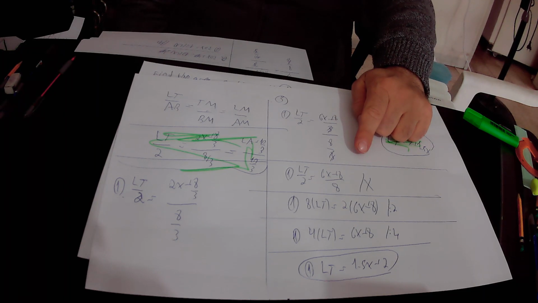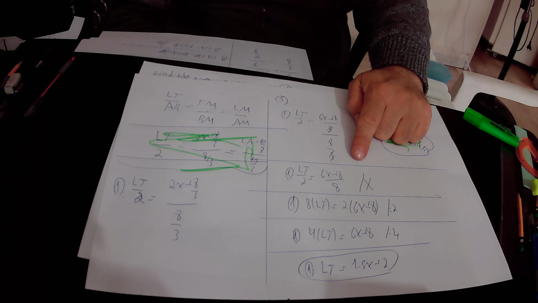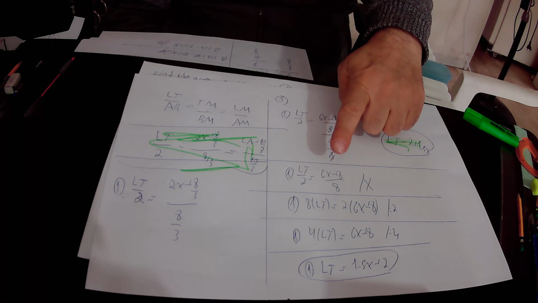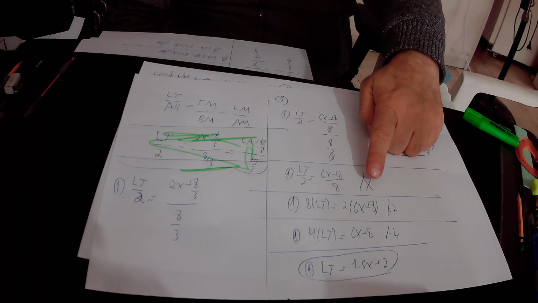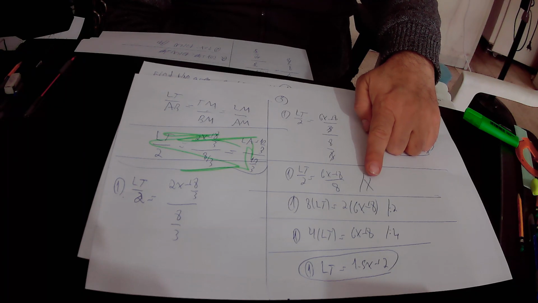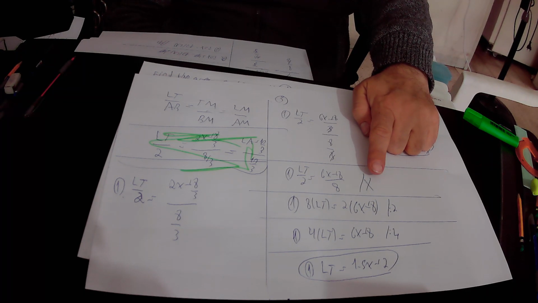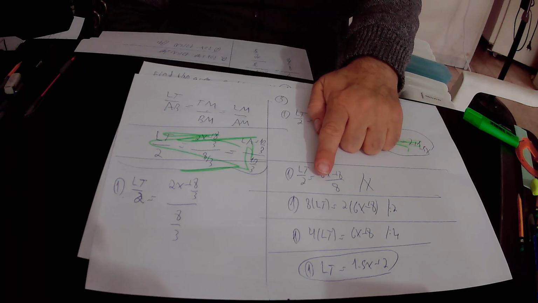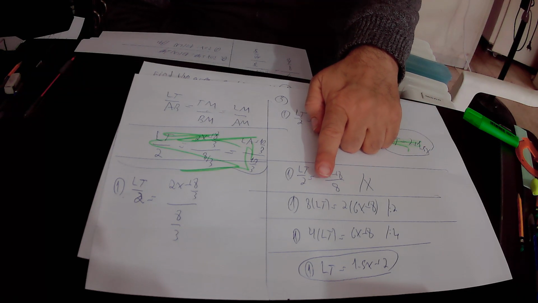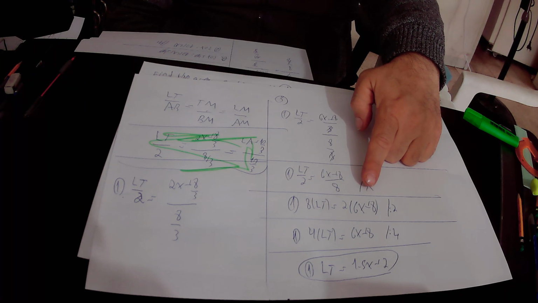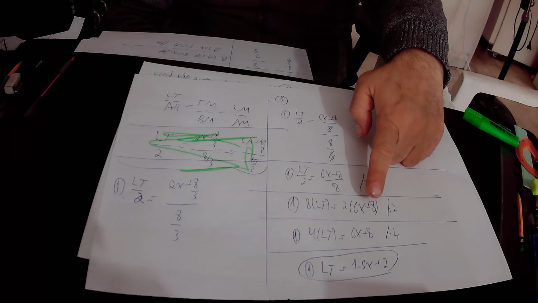Here we first multiplied this equation 1, and found out that according to equation 1, 8 times LT equals 2 times 6x plus 8. Here we divided the equation by 2, and found out that 8 over 2 is 4, so on this side of the equation we have 4LT. This equals 2 over 2 is 1, so on this side of the equation we are left only with 6x plus 8.